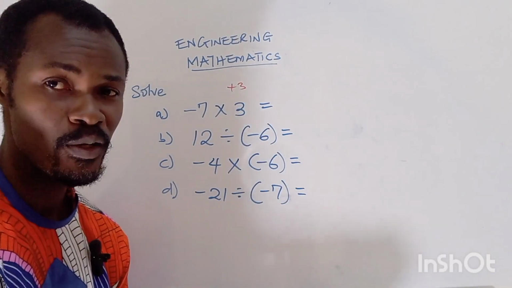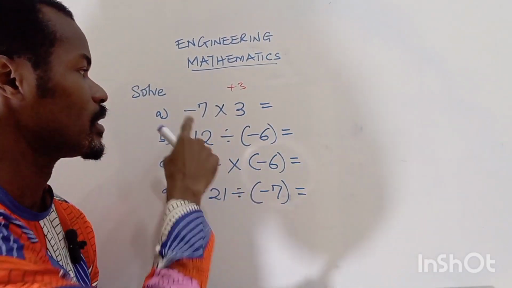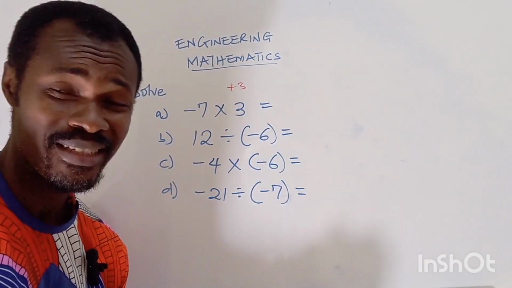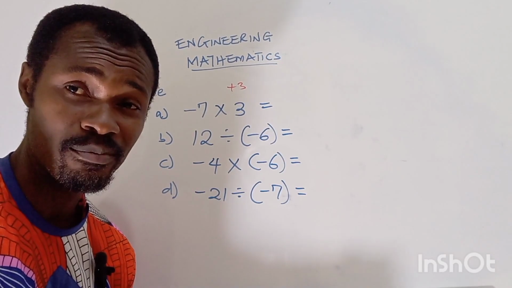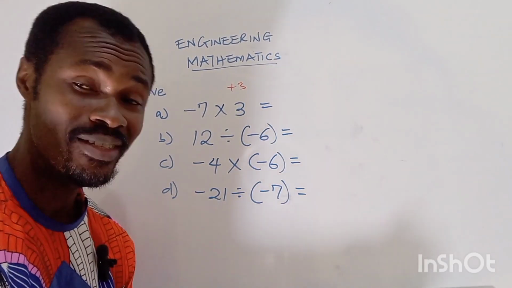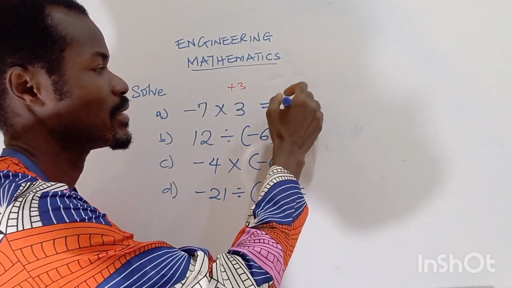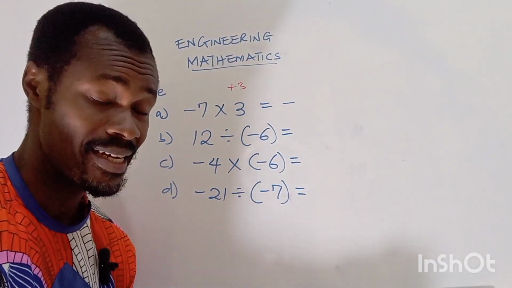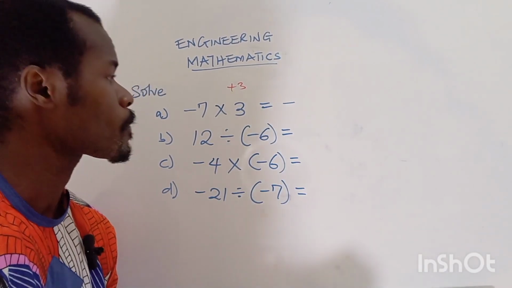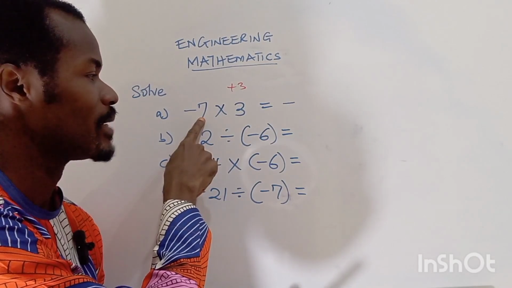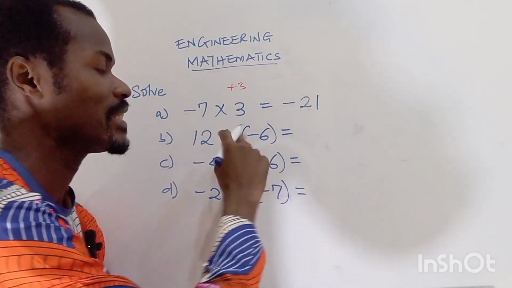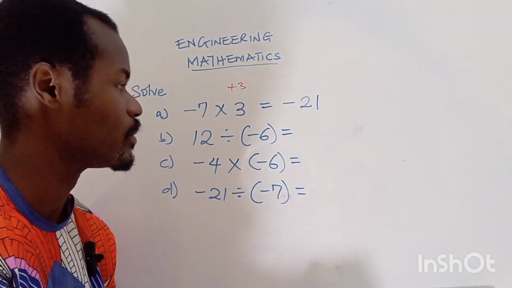So in terms of signs, we're dealing with minus times plus, and the signs are not the same. So once the signs are not the same, we are still going to have minus in the answer, just like we learned in the previous video. So next we want to multiply the number 7 times 3, which is 21. So this gives us the answer for the first problem.